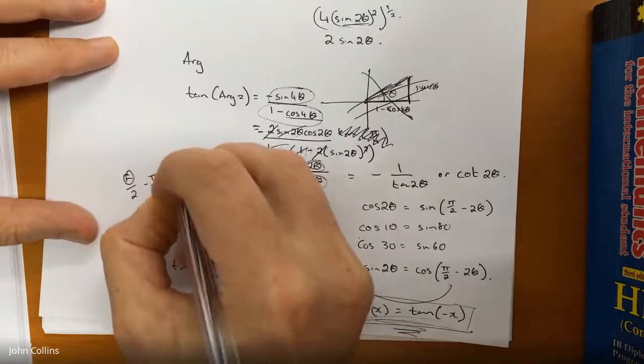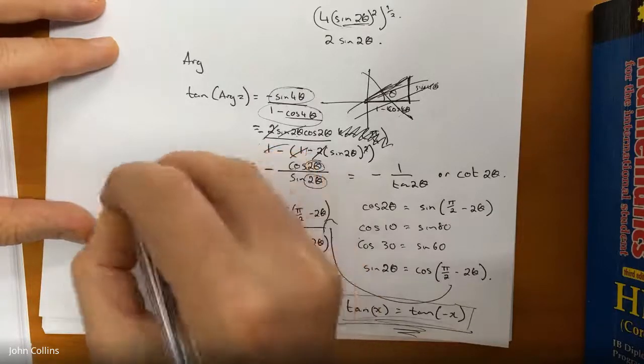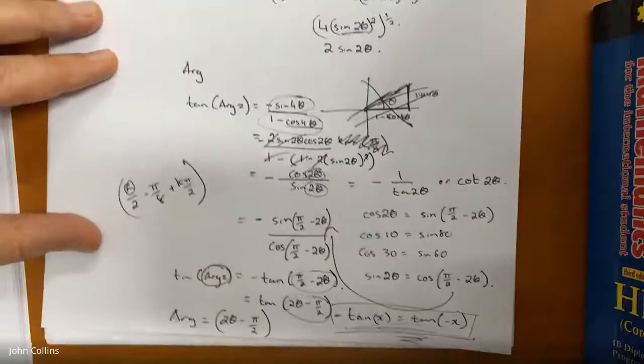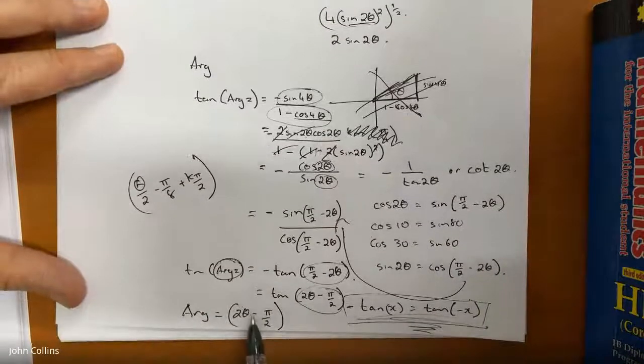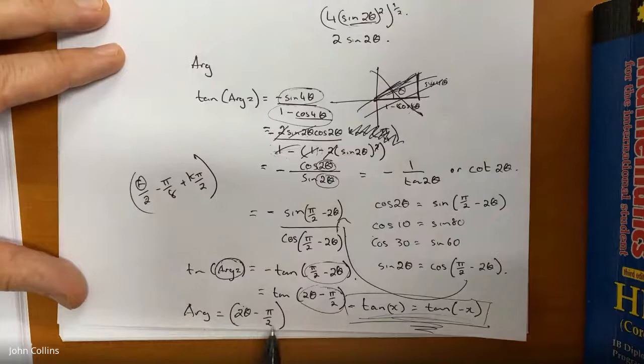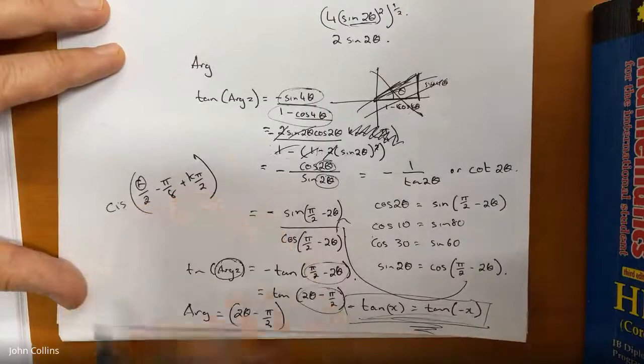You can see where that comes from when you're finding the fourth roots. Divide that by 4, divide that by 4, and then you have your rotations divided by 4. And that's your cis or your cos i sine.